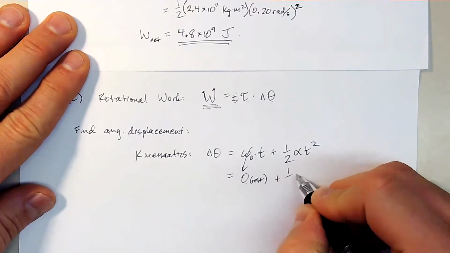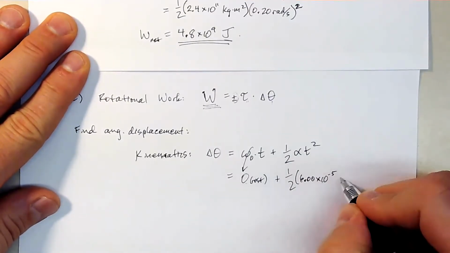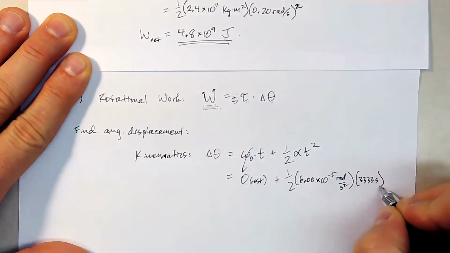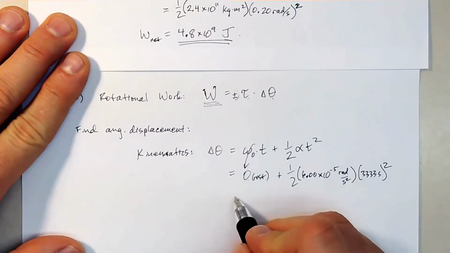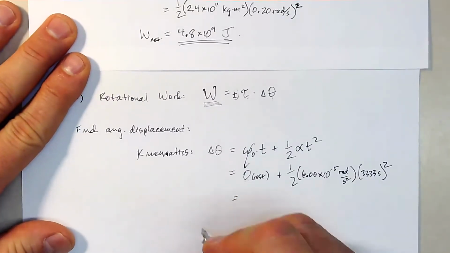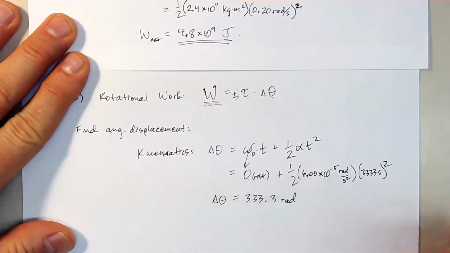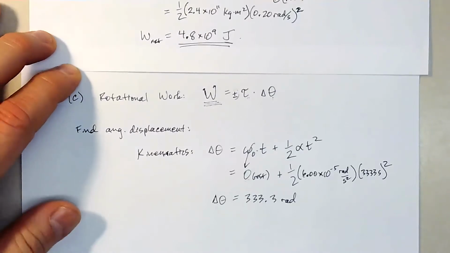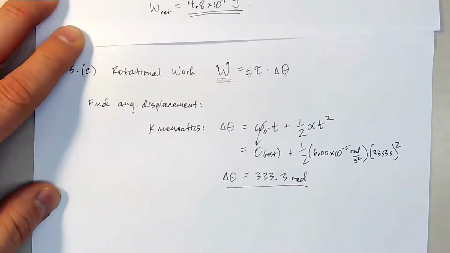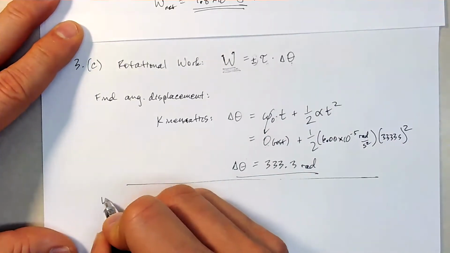And then the second term, I can use the values that I calculated in part B. Make sure you square that time. And I find that in this case, the angular displacement that the space station undergoes from rest to the moment that it hits 0.2 radians per second is about 333 radians. So now knowing that, I can now find the work done by either torque.